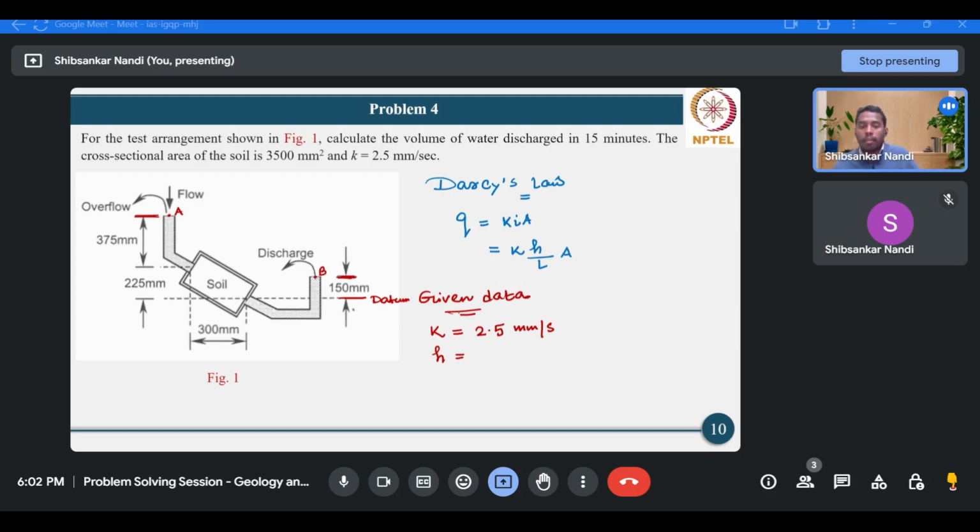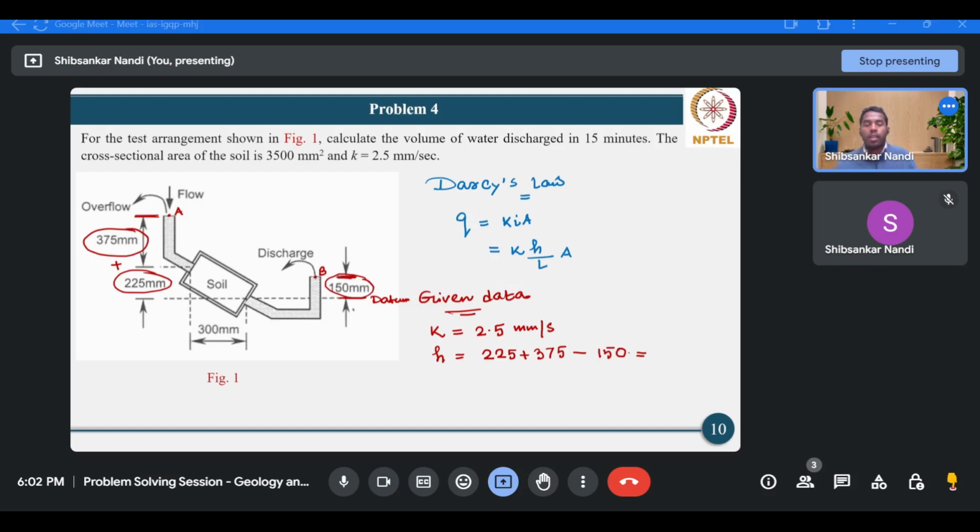So at A, it will be 225 plus 375. Okay. So summation of these two values. So this is the head at A minus head at B. So that is only 150.